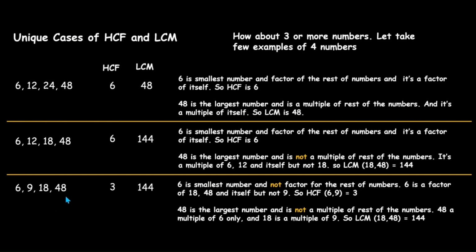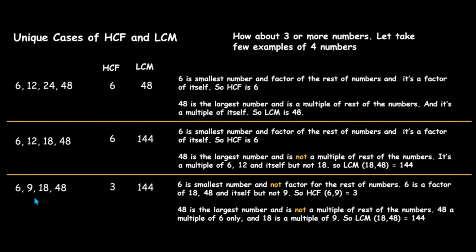And when it comes to LCM, 48 is a multiple of 6, but it is not a multiple of 9 and 18. So in this case, the second number happens to be a factor of 18, or 18 happens to be a multiple of 9.